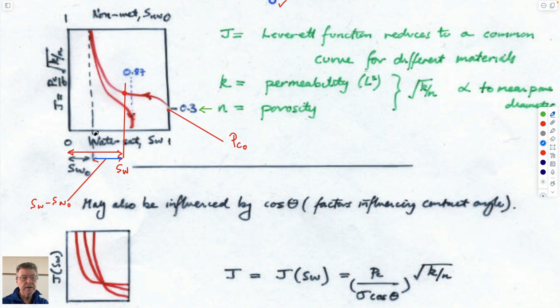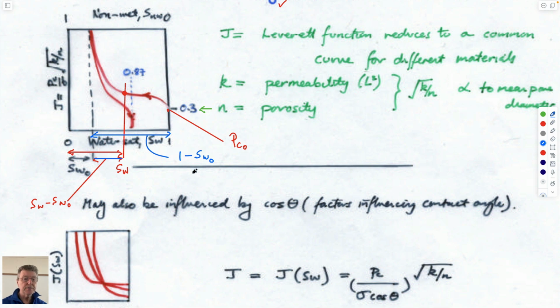And if we take this length here, this length here would be 1 minus SW0. Right? This whole length here would be 1. If we subtract off this length here with SW0, it's this.